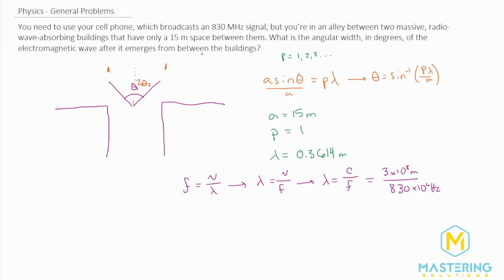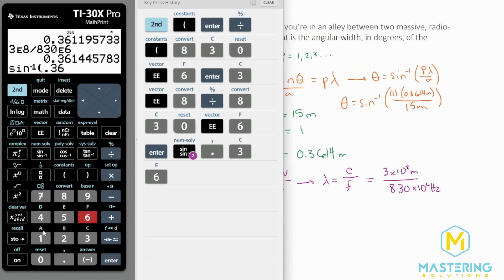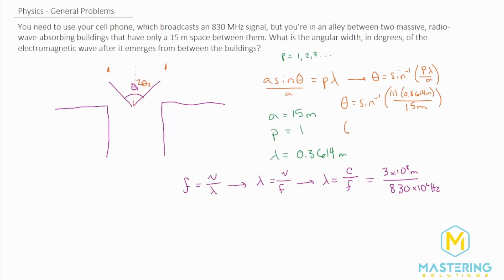Okay, so now we have all the information. Now we can plug all this into our equation up here to solve for theta. And theta is equal to the inverse sine. And p we said is 1 for the first order minima. The wavelength we found was 0.3614 meters. We'll divide that by a, which we said was a slit spacing of 15 meters. And so when we plug all this in, we get the inverse sine of 0.3614 divided by 15. And that gives us 1.38 for theta.